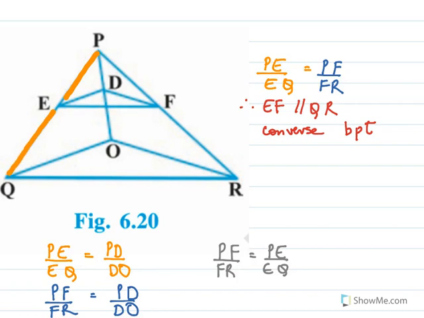So now we got PE over EQ equal to PF over FR. So definitely agree the lines EF and QR must be parallel. By converse of BPT, they must be parallel, because we proved PE over EQ is the same ratio as PF over FR.